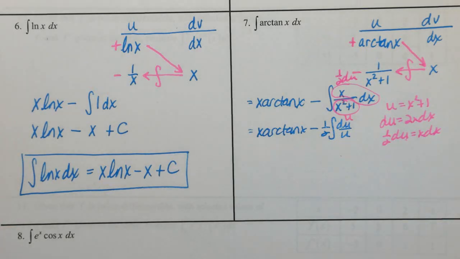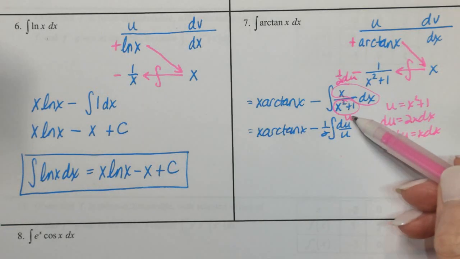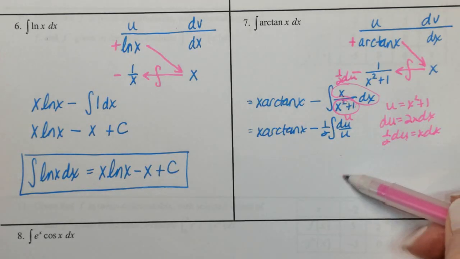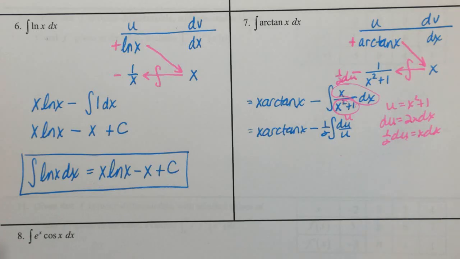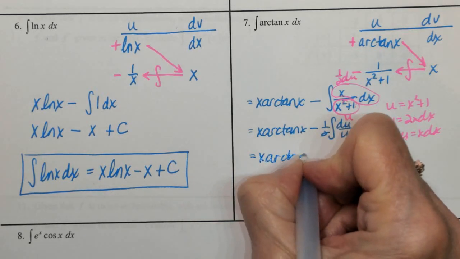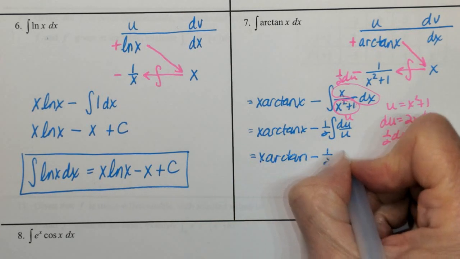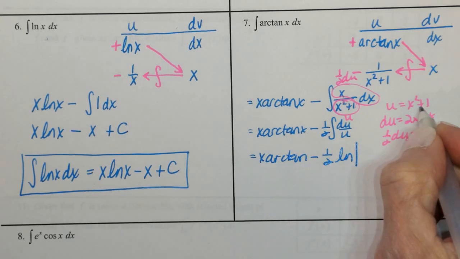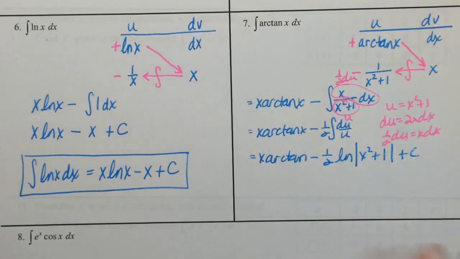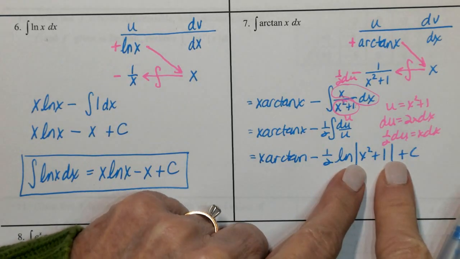Remember, you guys, when you let u be the entire bottom, you are going for an ln. When we complete the square in the bottom, we're trying to get it to be an arctan. Okay? So this is x arctan of x minus 1/2 ln absolute value of u plus c.